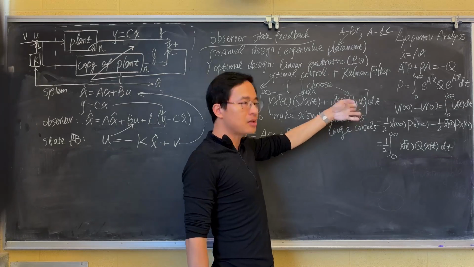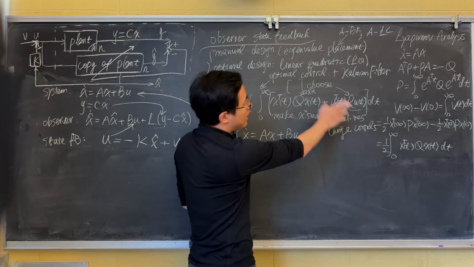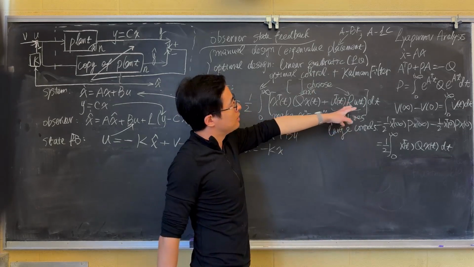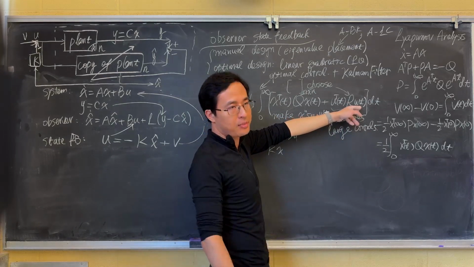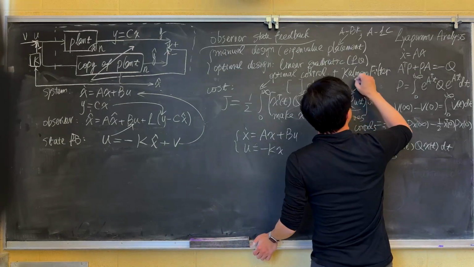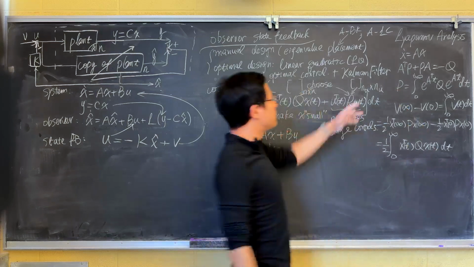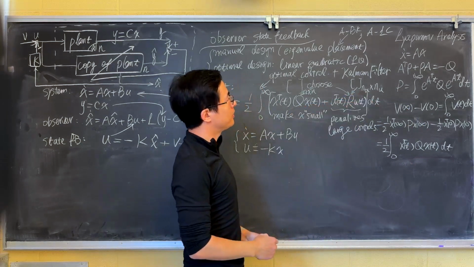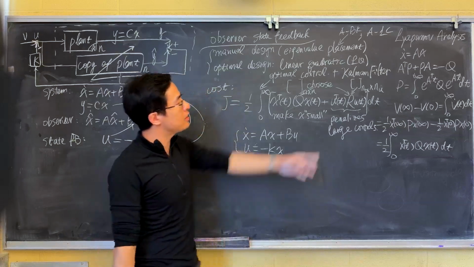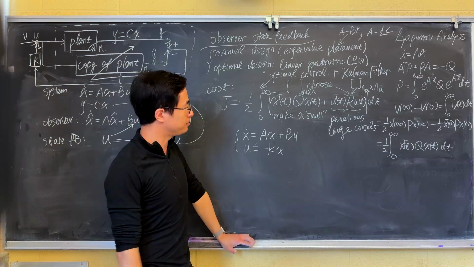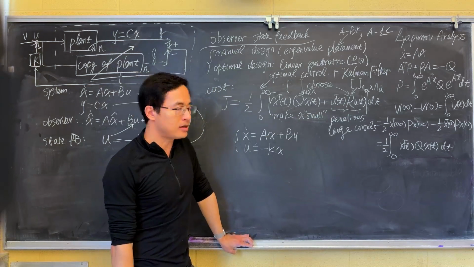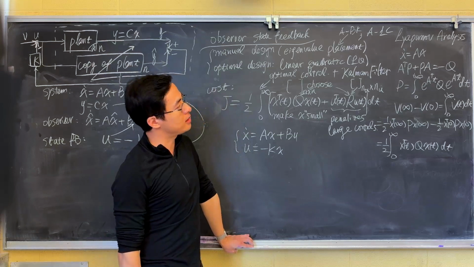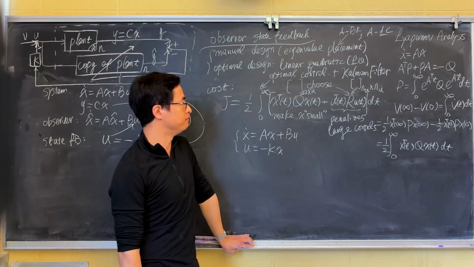If you have multiple inputs, this kind of design will make sure that all the control efforts are penalized in a way. So the dimension of R is the order of U times the order of U. If it's single input, then it's a scalar. So that is the concept of linear quadratic optimal control.